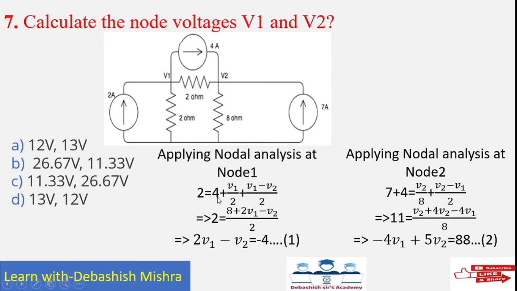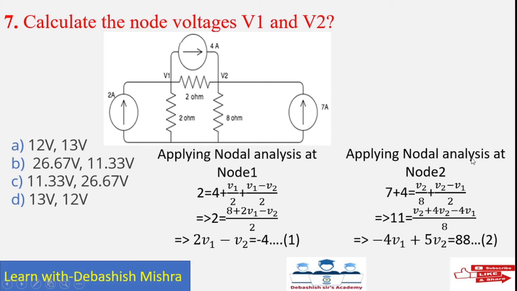So 2 equals 4 plus V1 by 2 plus V1 minus V2 by 2. Taking LCM, 2 equals 8 plus 2V1 minus V2 by 2. So you get the equation 2V1 minus V2 equals minus 4, which is equation number 1.